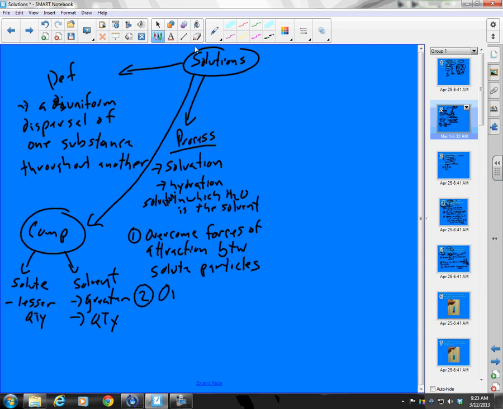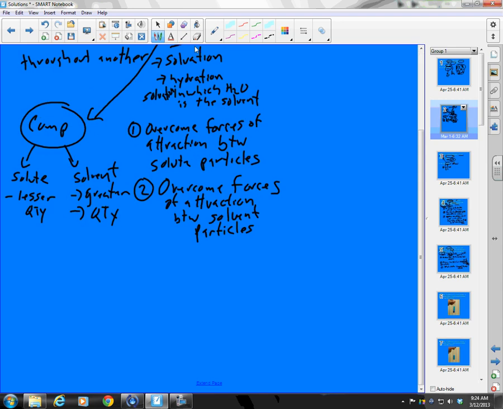And then we have to overcome the forces of attraction between solvent particles, right? And usually, once again, we're talking about overcoming those intermolecular forces, unless, of course, it is an ionic compound.